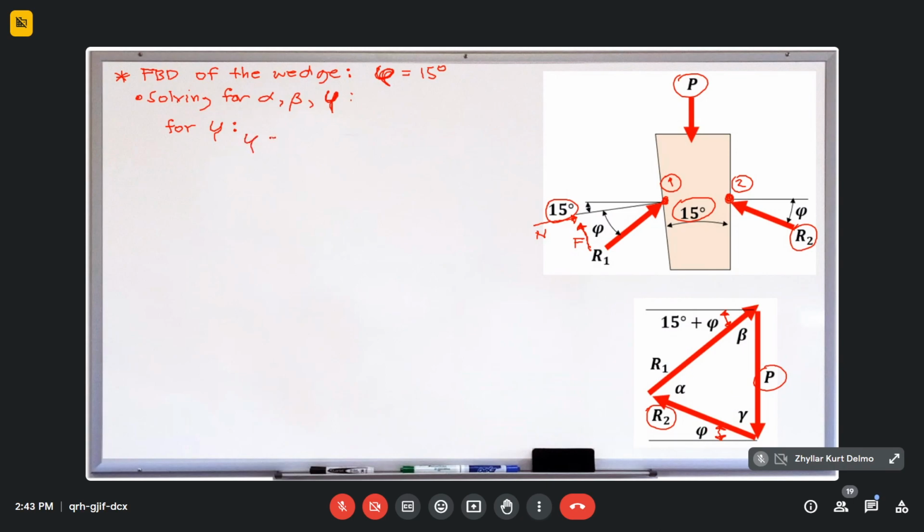So, gamma is equal to 90 minus Phi. So, that is 90 minus 15. So ang atong gamma is equal to 75 degrees.